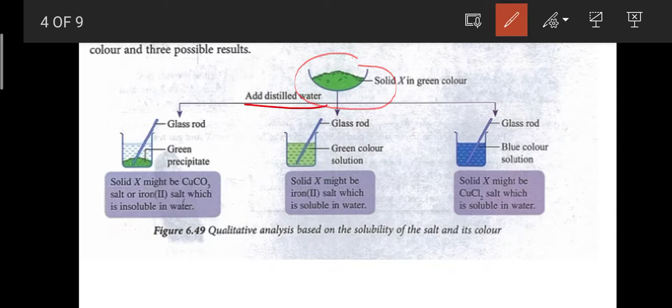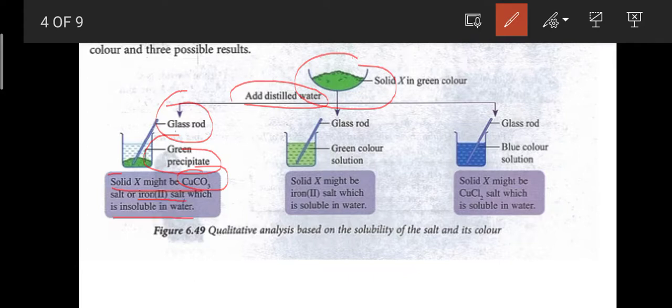When we add distilled water, this is the possible result number 1. It will form a green precipitate. So solid X might be copper carbonate, CuCO3, or iron 2 salt, which is insoluble in water.